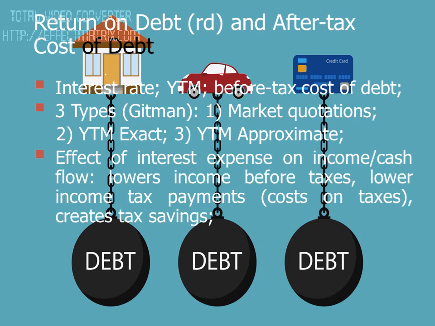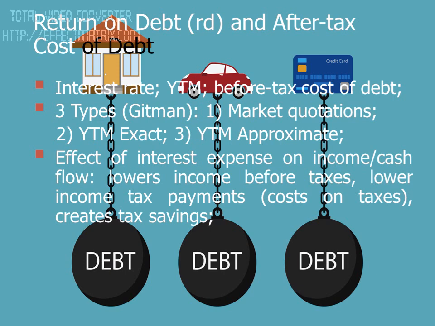Next is on the after-tax computation of the cost of debt. So there's a tax effect for debt, because when we have a debt, we have interest expense. This interest expense is deducted to get the income before tax. Hence, this lowers the income before tax, lowers the tax to be paid. Hence, we have tax savings.